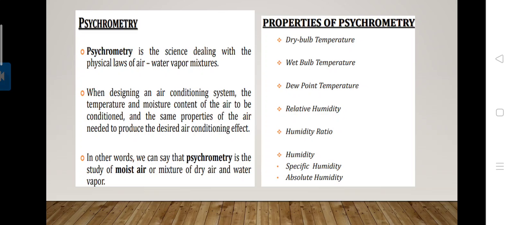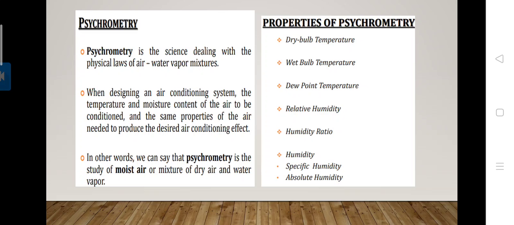When designing an air conditioning system, the temperature and moisture content of the air to be conditioned and the same properties of air needed to produce the desired air conditioning effect are required. In other words, psychrometry is the study of moist air, or a mixture of dry air and water vapor.